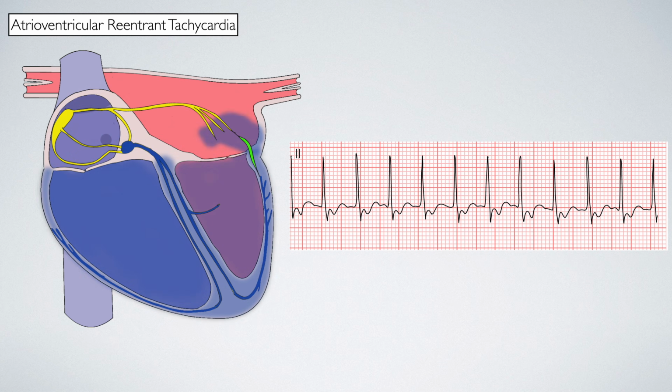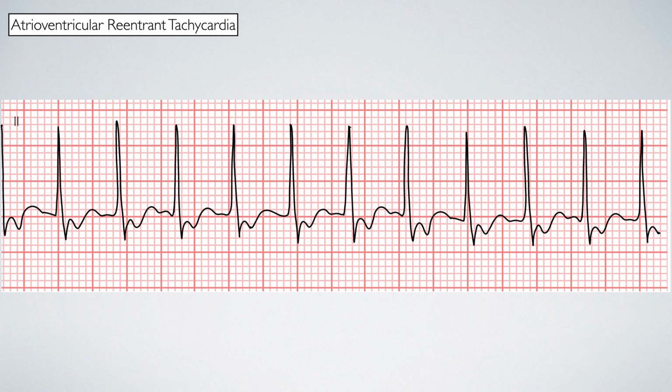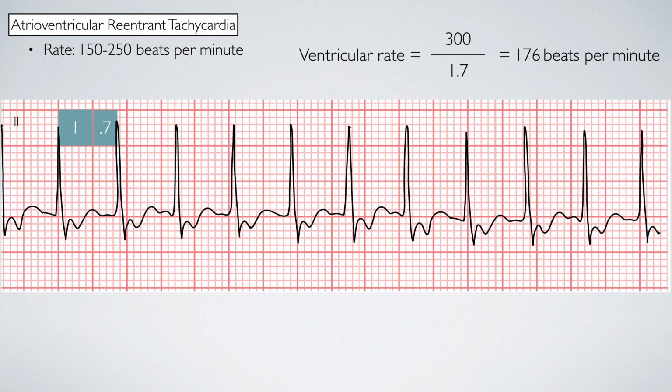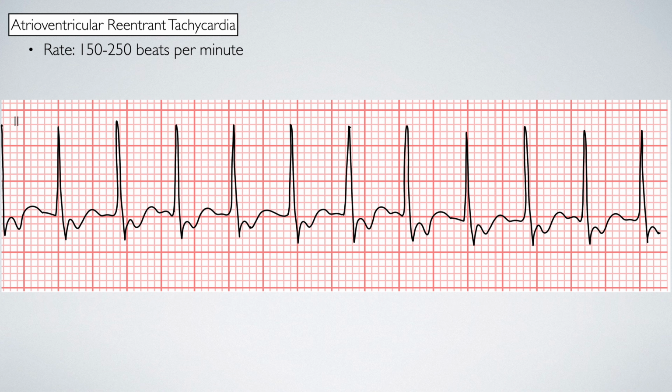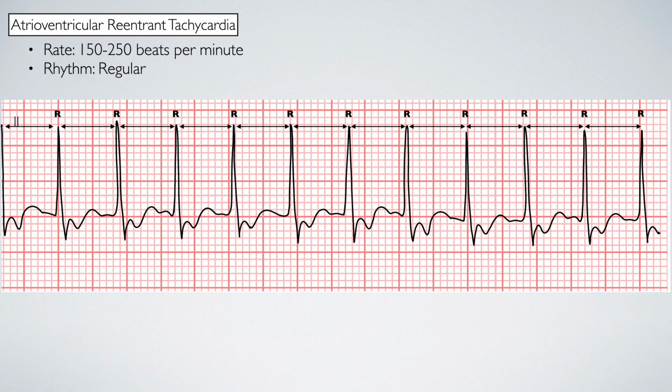The diagnostic criteria for AVRT is as follows. The ventricular rate should be around 150 to 250 beats per minute. In this example, the rate is around 176 beats per minute. The rhythm should be regular, meaning that the R waves are equally spaced.